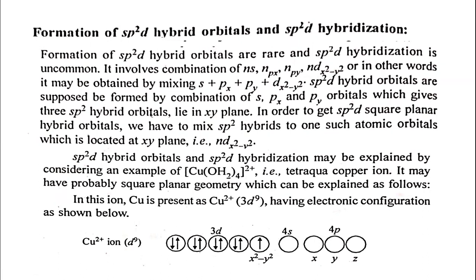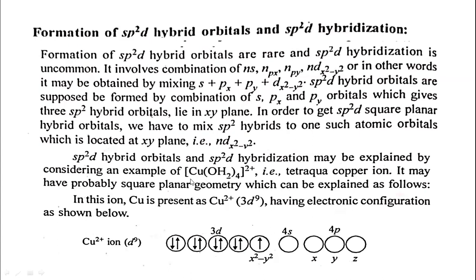In this case, one s orbital, 2 p orbitals and 1 d orbital get combined. It is shown here: 1 s, 2 p and 1 d orbital. So sp2d hybrid orbitals are supposed to form by the combination of s orbital, px and py orbitals. Actually, sp2 hybrid orbitals are formed due to this combination in the xy plane, and 1 d orbital is also involved here. So the hybridization is sp2d.